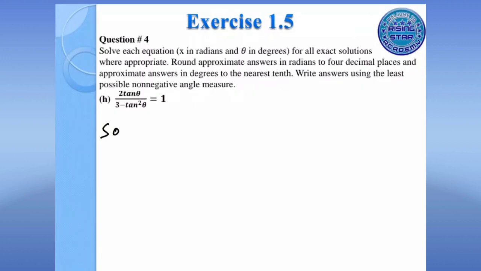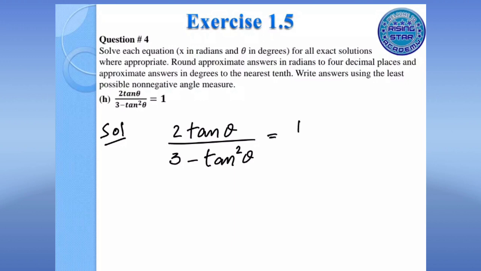In each part, first of all, we will rearrange the value. So we will multiply this 3 plus tan square theta by 1 on the other side.